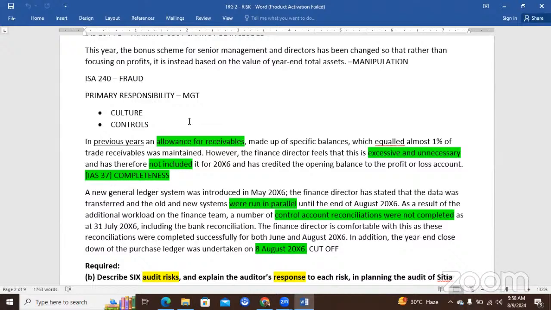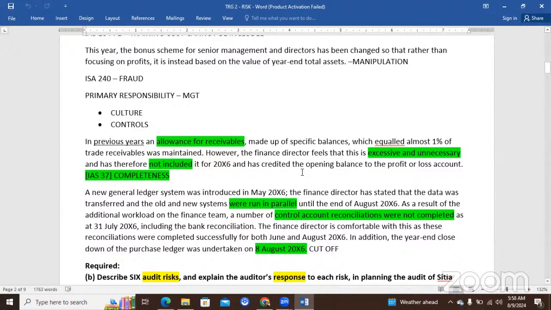But if we are not charging it, our net receivable will increase. If our net receivable is increasing, our current assets will increase, and then our total assets will increase. Therefore, since their bonus is based on total assets, that's why they are trying to remove the allowance for receivable, right? So we need to understand that.